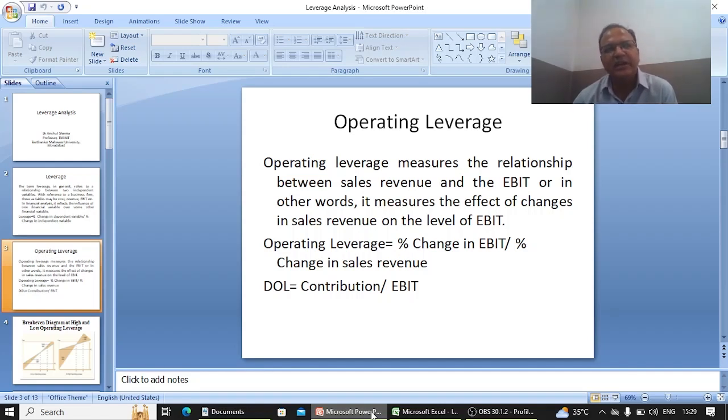As I have discussed, leverage means simply a relationship between two variables in which one is dependent and another is independent. And whenever we have to find out operating leverage, then we are finding the relationship between percentage change in EBIT and percentage change in sales revenue.